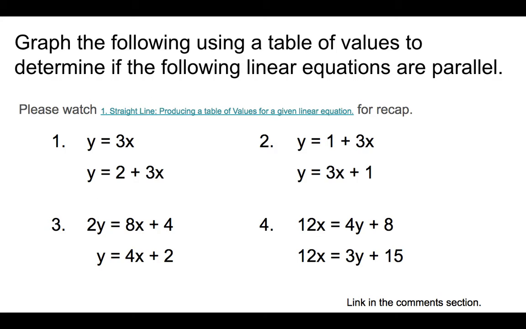Is it the same or different from question 1? Question 3, again, what is the same and what is different? And question 4, what is the same and what is different? So do each of them on a table of values, right? And then go to Desmos and input each of them to see if you are correct, right? That's a good way of checking.